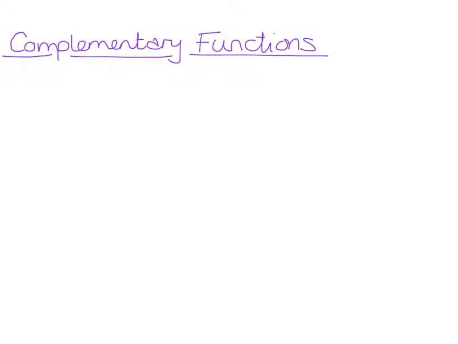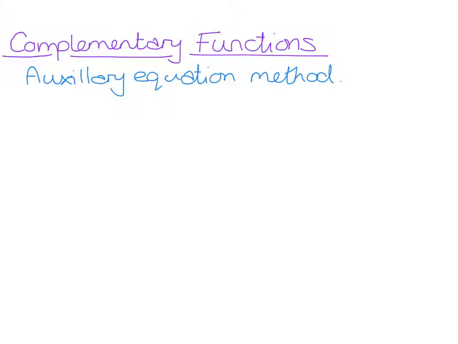So let's have a look at finding complementary functions. To find a complementary function, we need to construct an auxiliary equation. The auxiliary equation method is the main way we find the complementary function. We construct an auxiliary equation for the homogeneous version of the ODE.